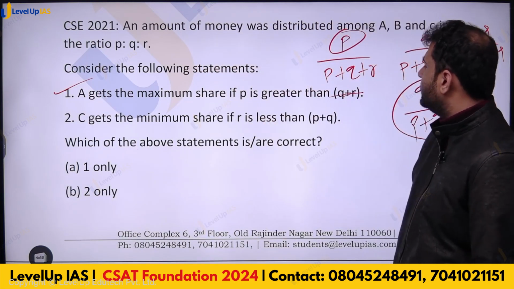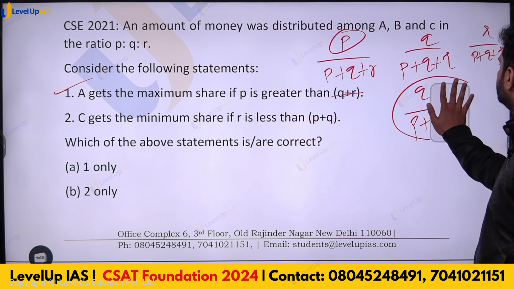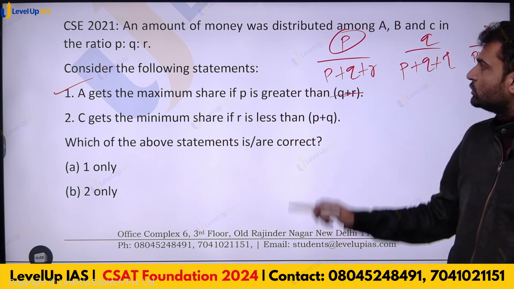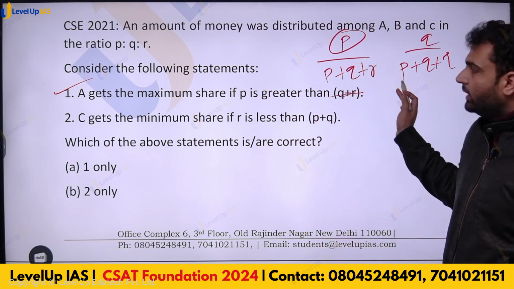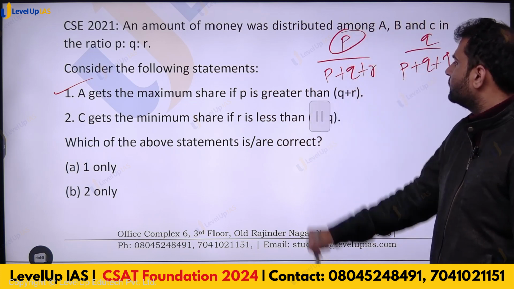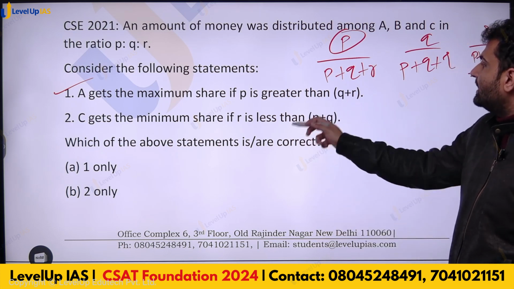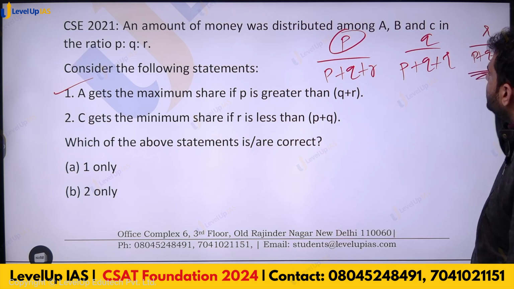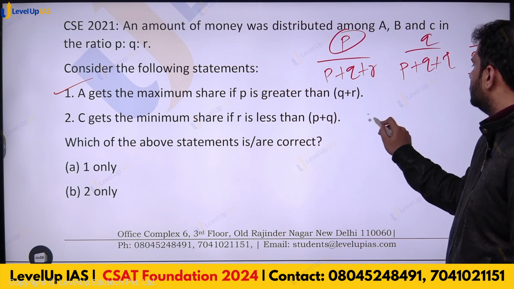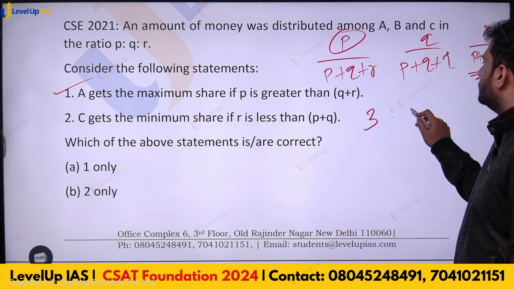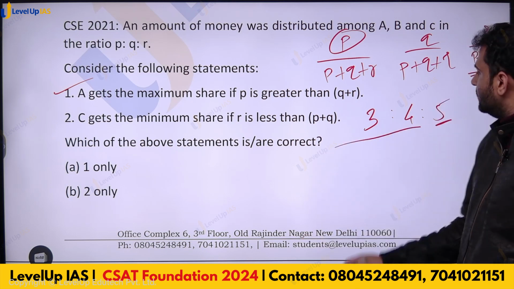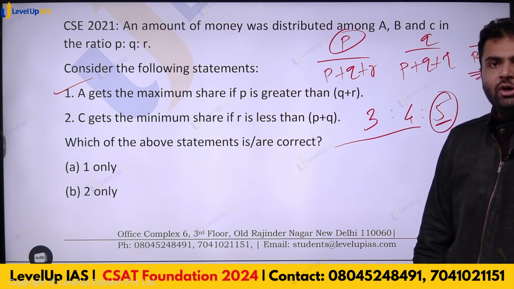And C gets the minimum share if R is less than P plus Q. For C to get minimum share, R has to be less than Q and R has to be less than P as well. So if R is less than P plus Q, that is no guarantee that R itself is less than P and Q, because it can be a ratio like let us say 3:4:5. Here R is less than P plus Q, but this person will get maximum share, not minimum share.